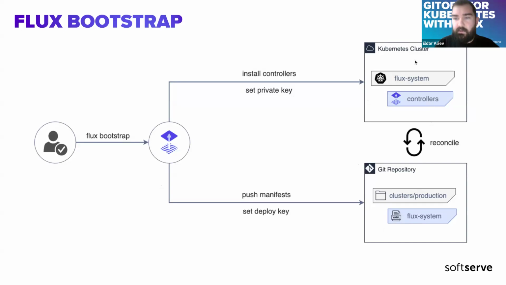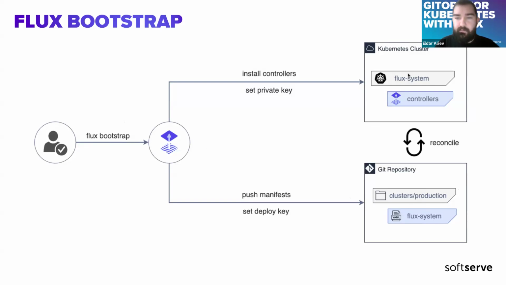The Flux components will reconcile themselves from the Git repository, and they will also reconcile all of your configuration from the Git repository. If something happens with your cluster, you can perform the Flux bootstrap command again and point it to your repository.